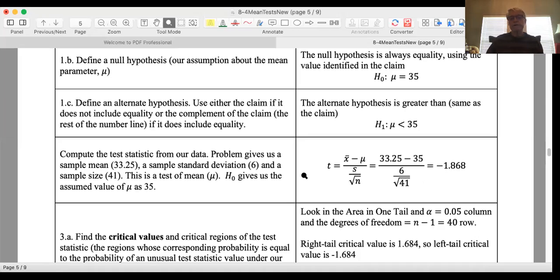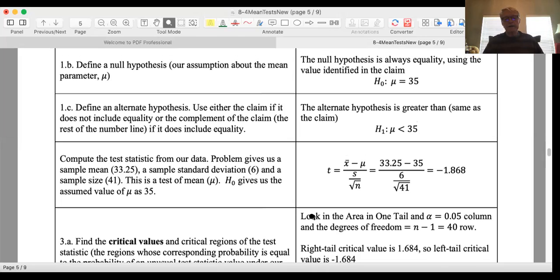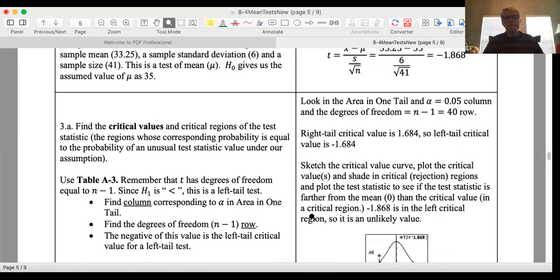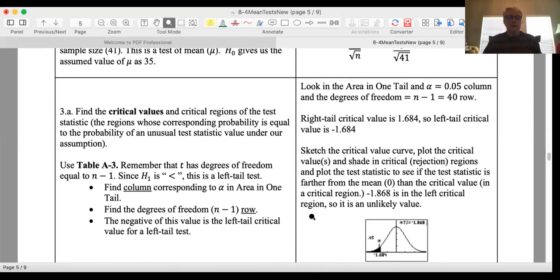That's what we're going to do in step 3. We're going to use the critical value approach, and we're also going to look at the p-value approach. For the critical value approach, just as in the other two, we're going to use table A3. This is a left-tailed test, so we look for alpha in the area in one tail.